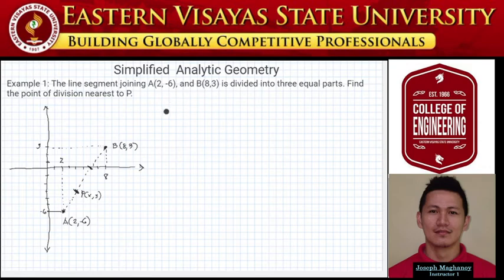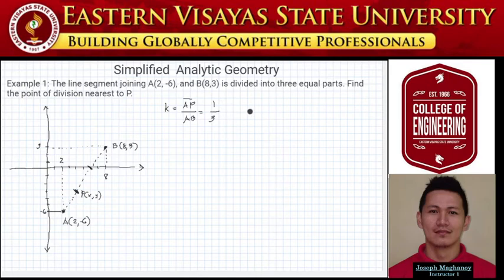First, we need to determine the value of k. So let's find k first. k is equal to AP over AB, which is equal to, so how many line segments from A to P? We have 1. And from A going to B, 1, 2, 3. Okay, so our k is 1/3. So let's recall the formula in determining our values of x and y.